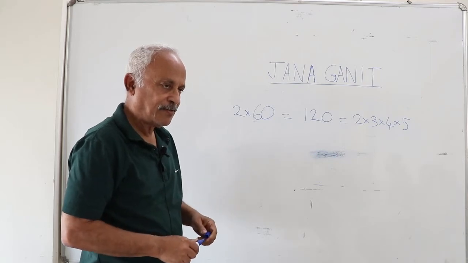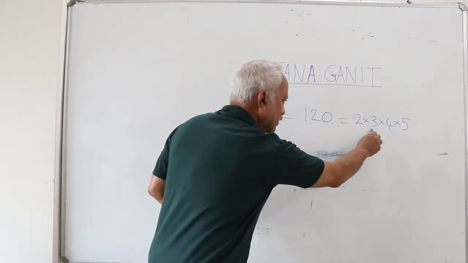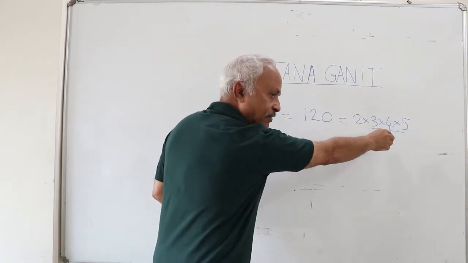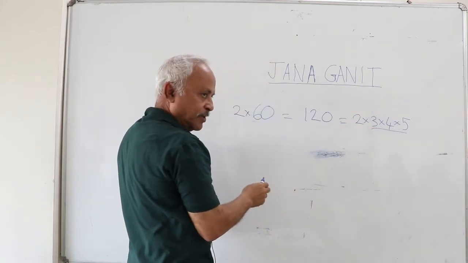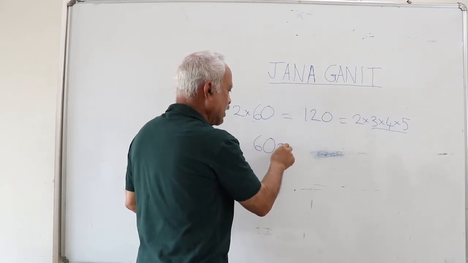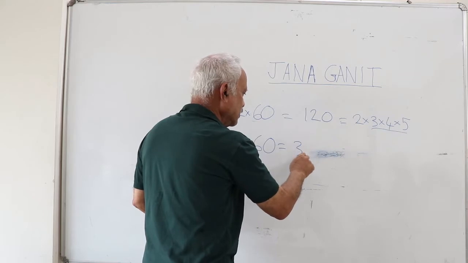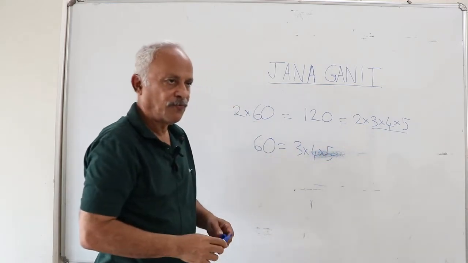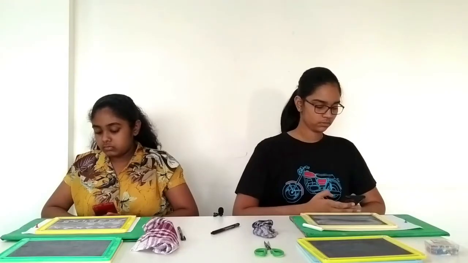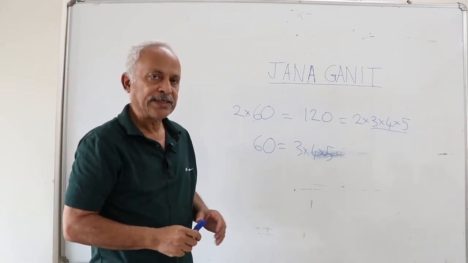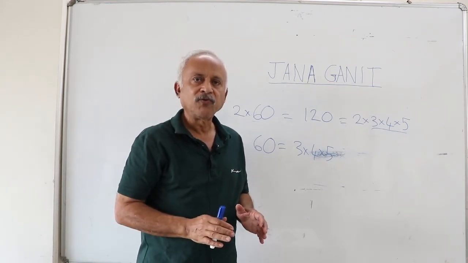What are the factors of 60? 3 into 4 into 5. This part, because 2 into this is 2 into that. So this part should be the factors of 60. So let us see on your calculator whether 60 is 3 into 4 into 5. It is.